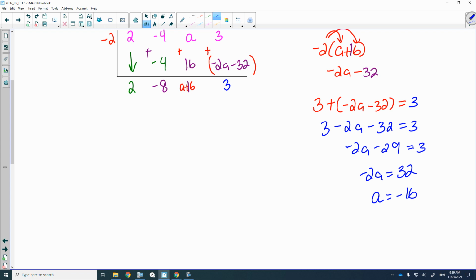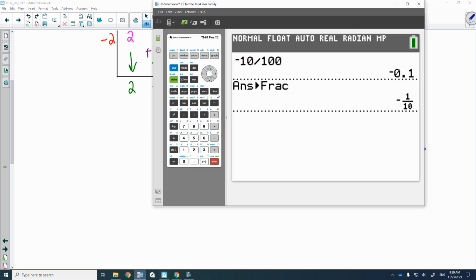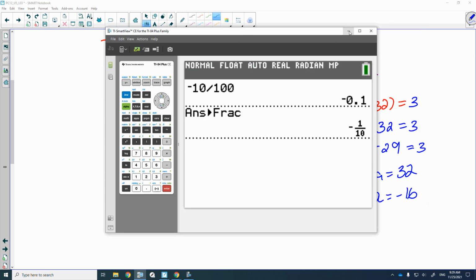To check if you were right, one of the things you could do is if we think a is negative 16, I could punch in negative 2 times negative 16 minus 32. So here's what I would do if I was wanting to check. Wait, this might be frozen. Yeah, mine's frozen, so you're going to have to type it in.